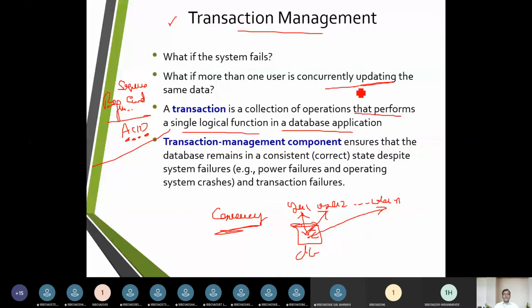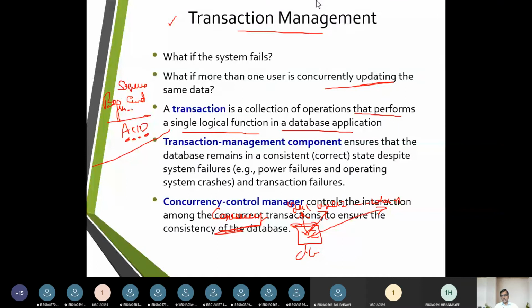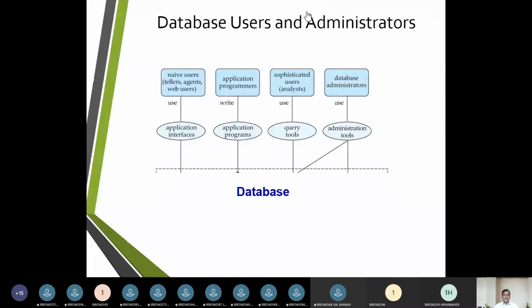The first aspect where a database comes into place is what we call database users or database administrators. So in this juncture, the first and foremost application will be the database, where we have novice users, application users, sophisticated users, or database administrators.